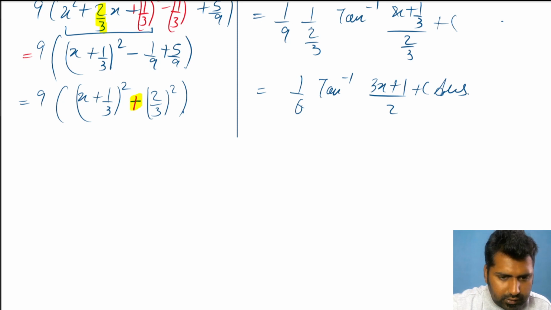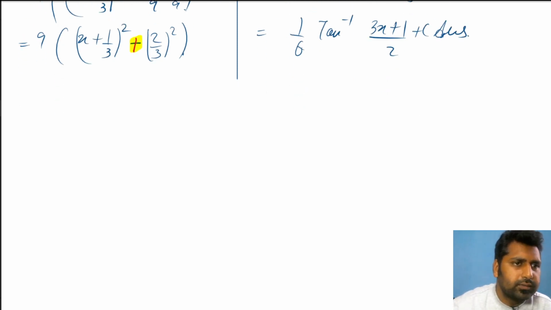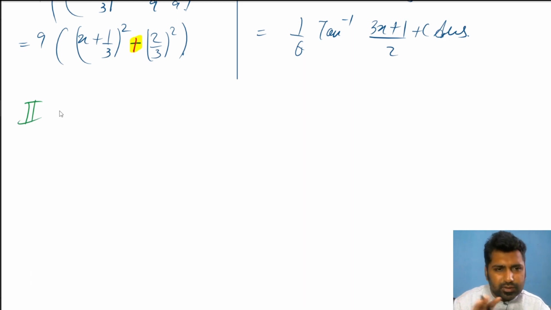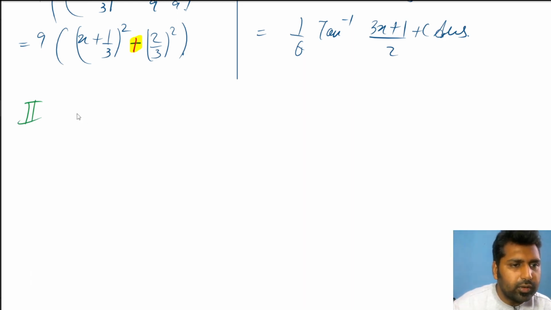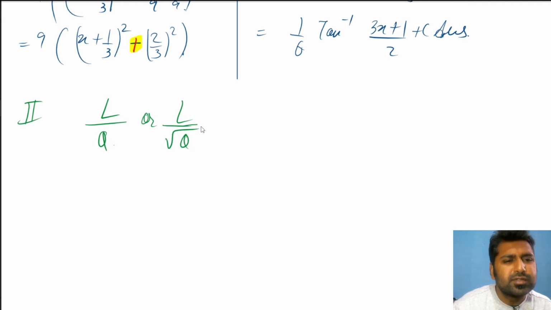Okay. Next format, let's do that. There are two formats on this as such. One is 1 upon quadratic and 1 upon square root of quadratic. Second is linear upon quadratic or linear upon square root of quadratic. Means quadratic is present in square root or not, there should be a linear part present on top. Integration of that.